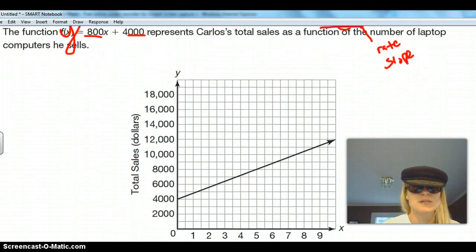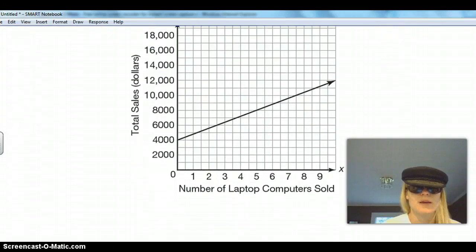Okay, so now let's look at our graph here. All right, here is my 4,000. This is the y-intercept because (0, 4,000), that's 4,000 in sales, right? And then the slope was 800. The slope is 800 over 1, right? Because all whole numbers get put over 1.